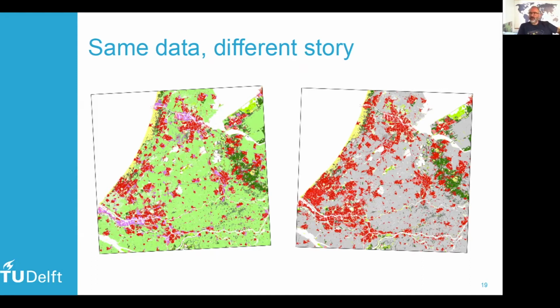This is something where we have to be very careful as well, because if you tell a story with data and you color the data for these purposes, that is what we call manipulating.